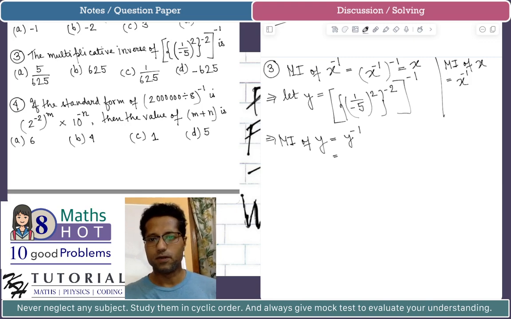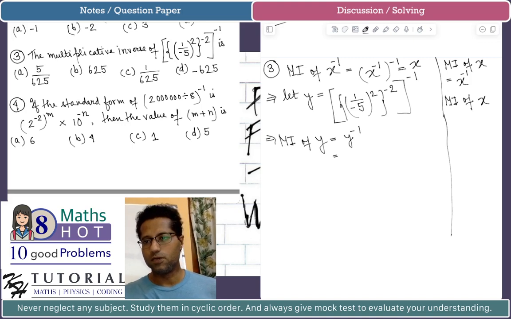This is a very important thing to remember. That is, the multiplicative inverse of any exponential term where the power is -1 and x, the base, is a non-zero rational number, the multiplicative inverse of x to the power -1 is always equal to the base.